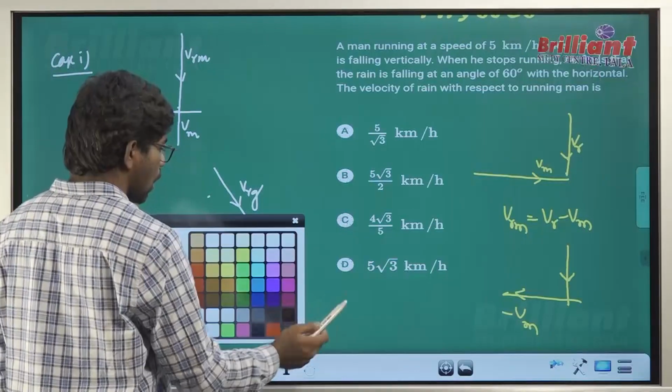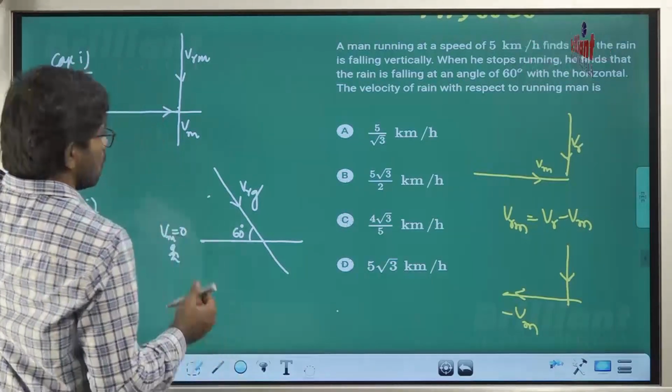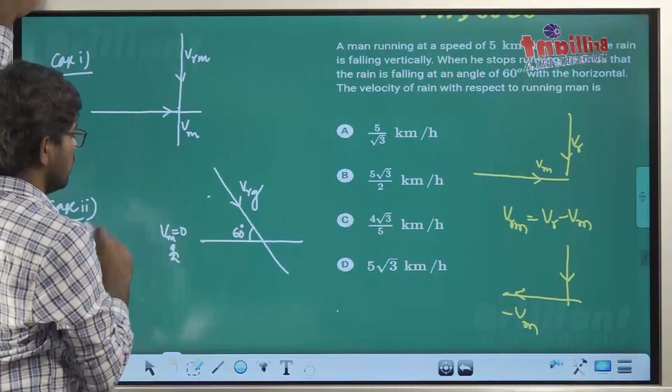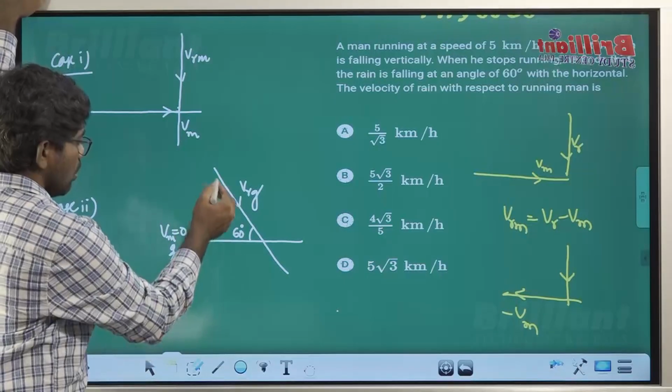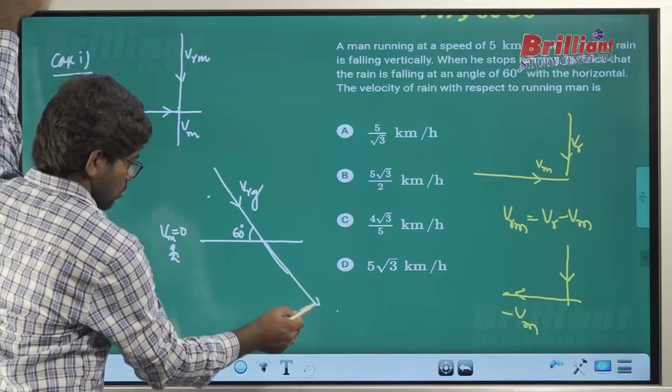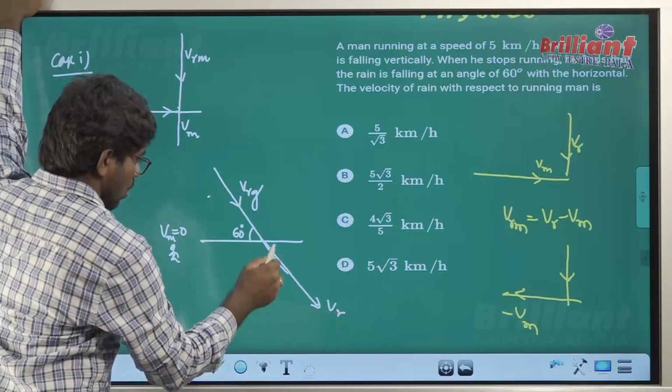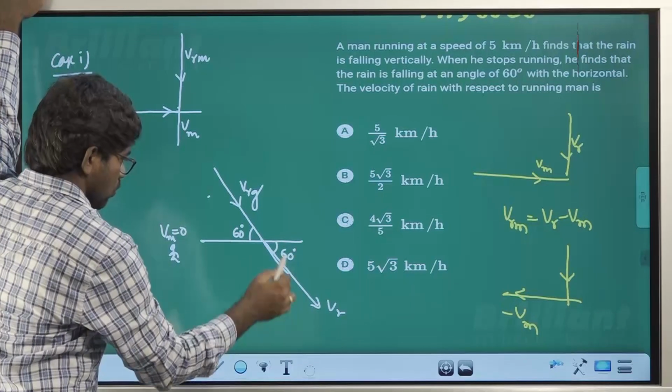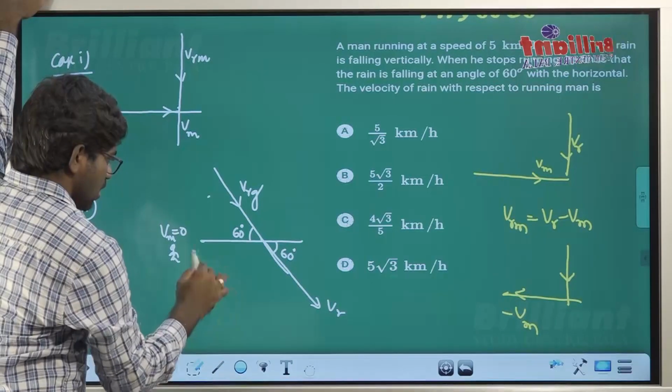Now, come here. Okay, now how to solve this one here? See, the velocity of rain with respect to ground is given like this for us. What are its components here? What can you write along the x-axis? VR cos 60.